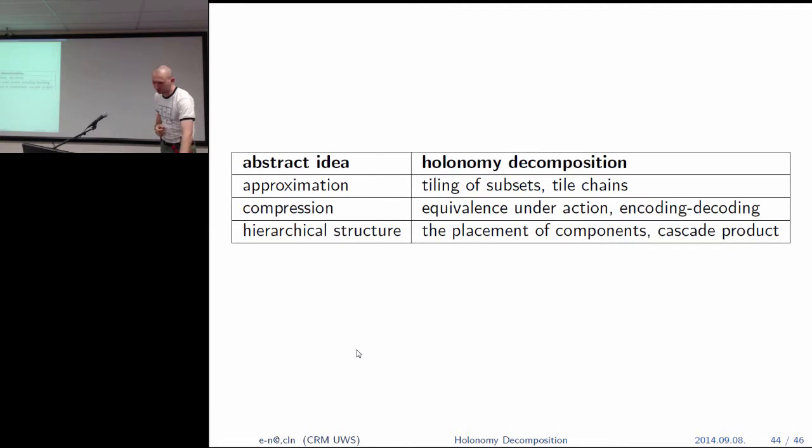Okay, just to recap. We were interested in the prime decomposition of computational structures. Depending on whether you come from algebra, you call them transformation semigroups, or if you come from computer science, you call them finite automata, but it's the same thing. We used three abstract ideas, approximation, compression, and hierarchical structure, to do the decomposition.